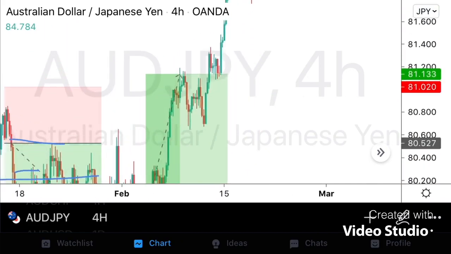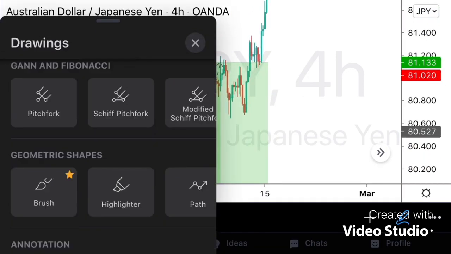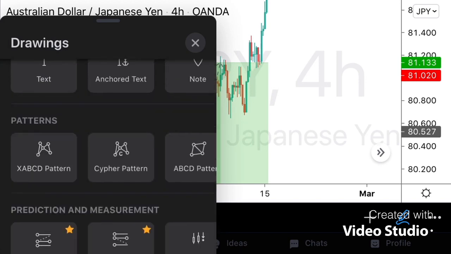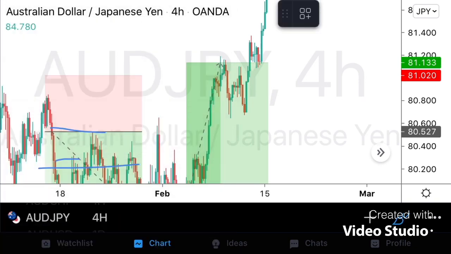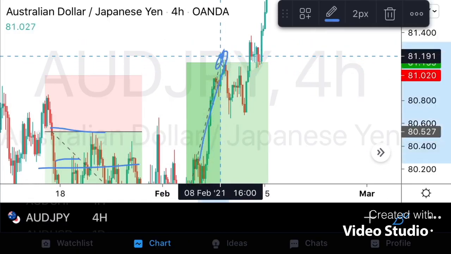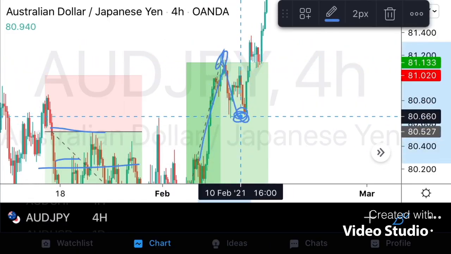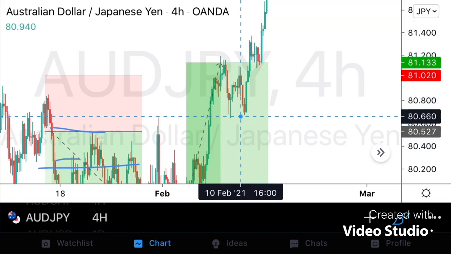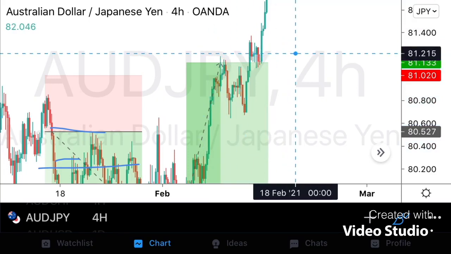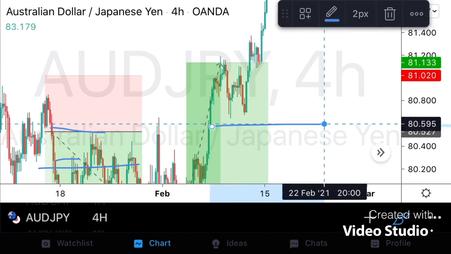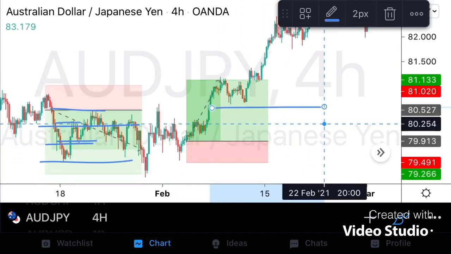Now, how we'd be managing this position is we'd wait for highs. Because we are buying, we're expecting markets to be in an uptrend. We're waiting for that high to be formed, for that higher low to form. Once prices break and close above previous highs, we trail our stop loss below structure. And then obviously we wait for the same thing.